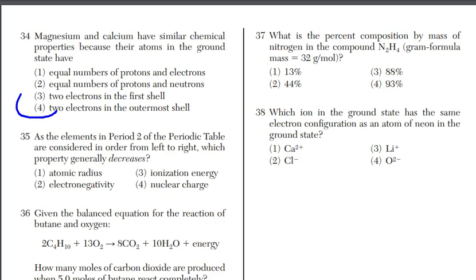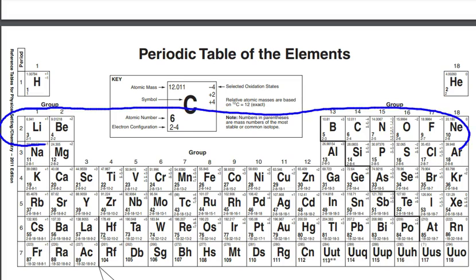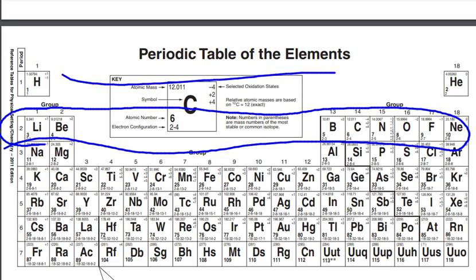So if we take a look at the periodic table, lithium starts out period 2, and we're going all the way across. Now, atomic number is also your nuclear charge. Of course, as we're going from left to right, the nuclear charge increases. So that's not going to be our answer.